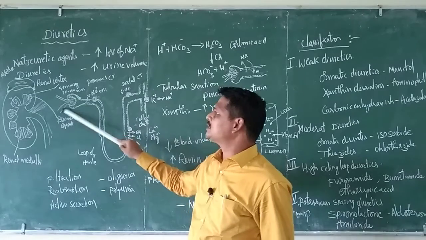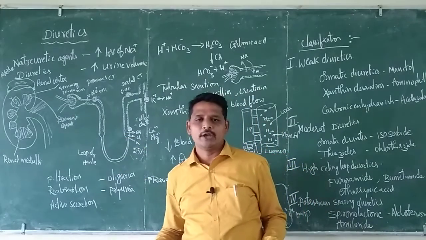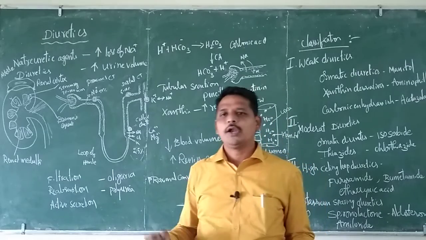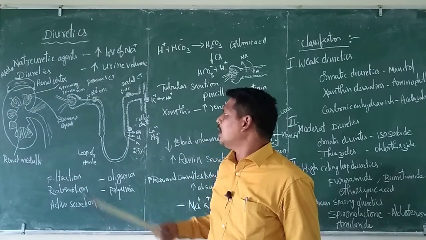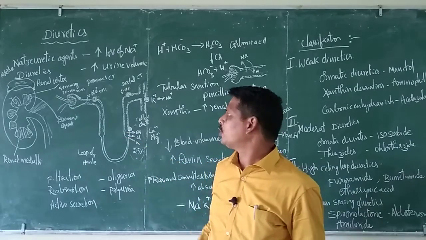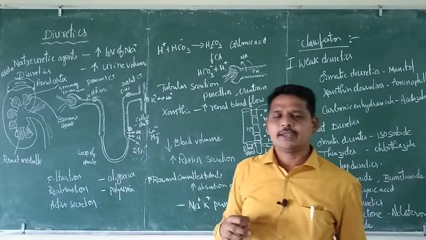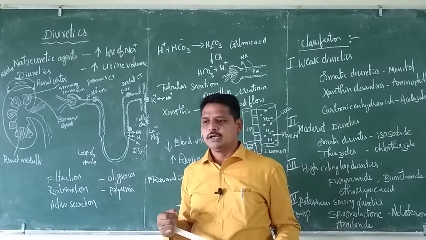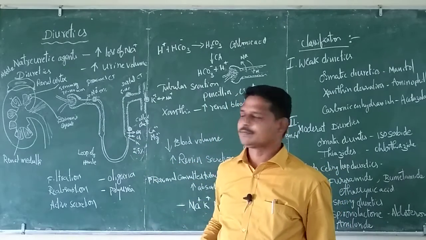I mean to say that most of the proteins or high molecular weight substances are not filtered because of this particular size. Only the minerals, water and various small metabolites can be filtered through this.